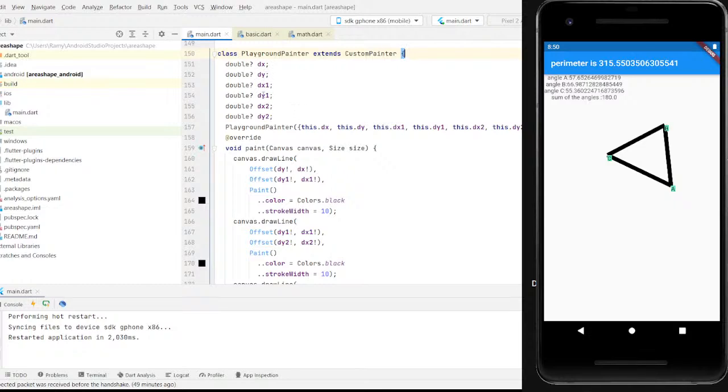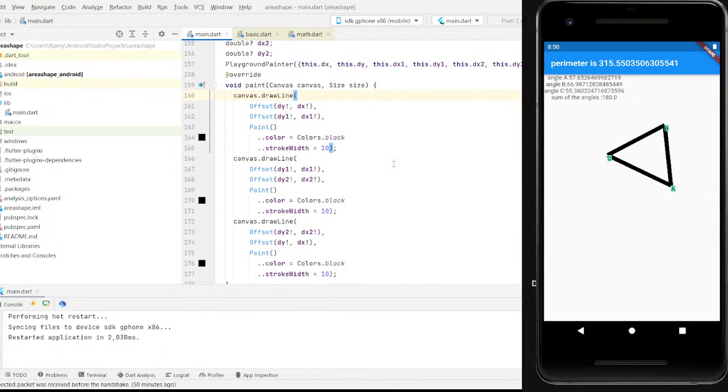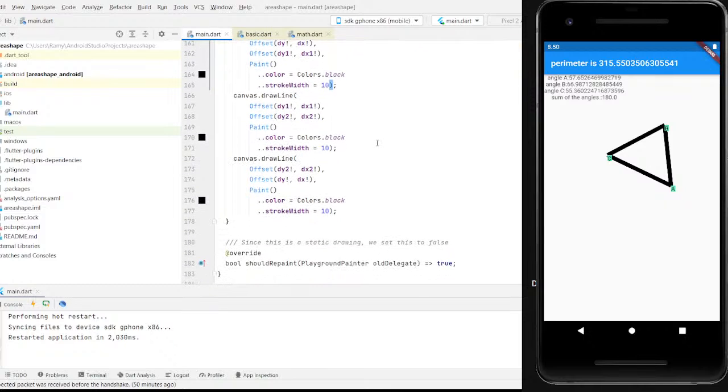We have used the six XY coordinates, as I mentioned before, to draw the lines. Of course, each line will use four X and Y attributes, as you see here. And of course, we will use the paint class to identify its color and its width.